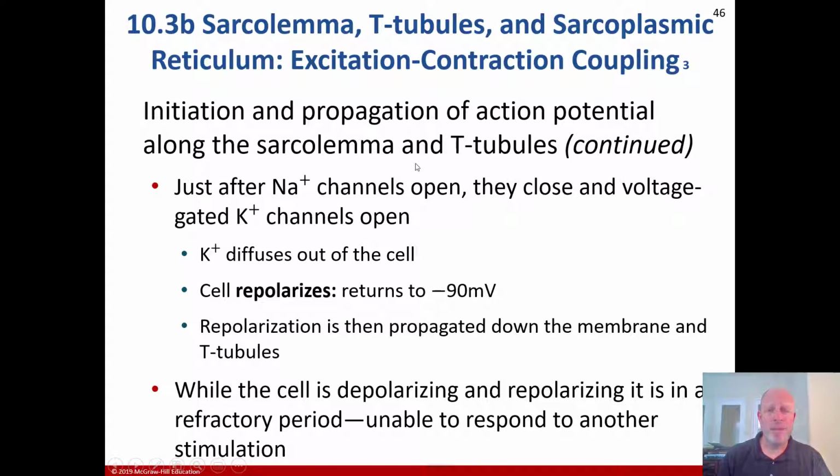Then the initiation and propagation of the action potential continues. The sodium channels close and voltage-gated potassium channels open. Potassium diffuses out of the cell, it repolarizes, returns to negative 90, and the repolarization is then propagated down the membrane and the T-tubules. While the cell is depolarizing and repolarizing, it's in a refractory period, unable to respond to stimulation.